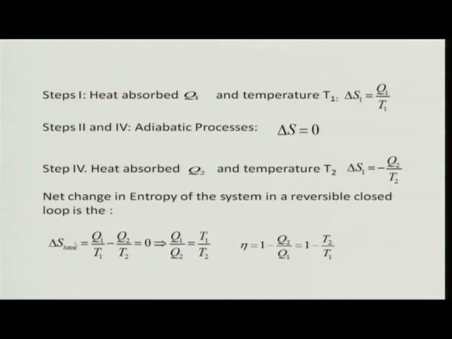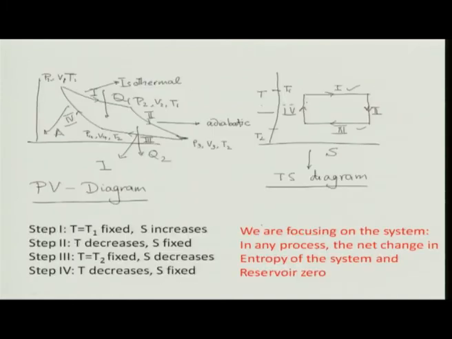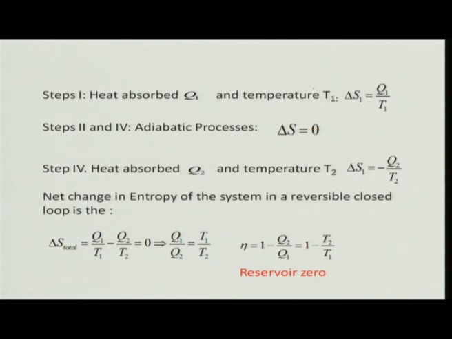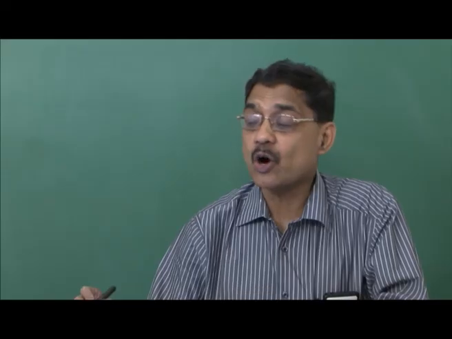Okay? So, now, how can you calculate the efficiency? You see, remember this curve and this curve. These two, there is no entropy change. Okay? 2 and 4, there is no entropy change because these are adiabatic processes and there is no heat exchange. Okay? So, now step 1, heat absorbed is Q1, temperature was maintained at T1, the temperature of the hot reservoir.